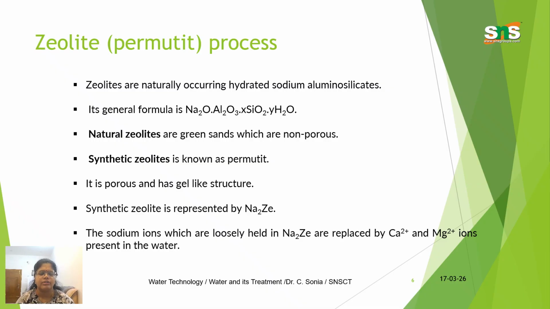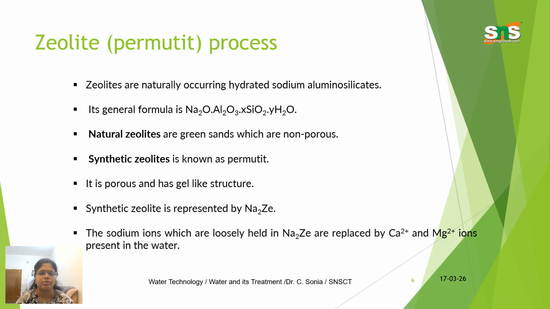The sodium ions which are loosely held in the zeolite are replaced by the calcium and magnesium ions present in the water. So this is a water softening technique where, unlike the demineralization or deionization process, it is not going to remove all the ions.